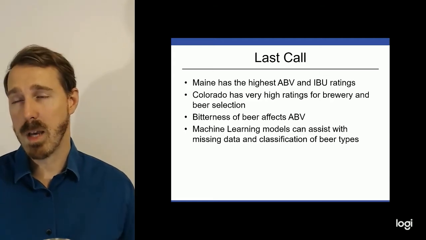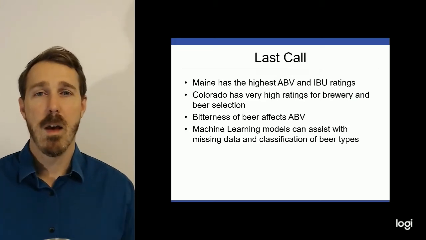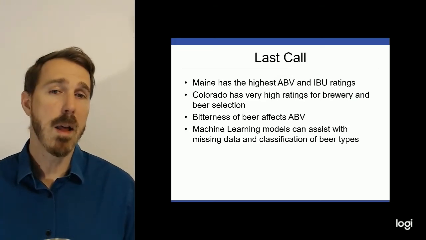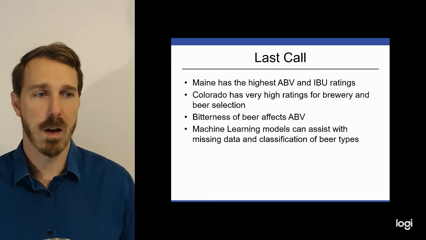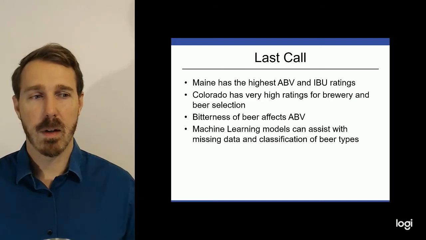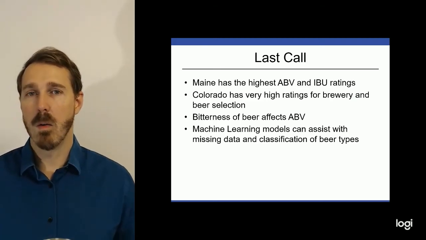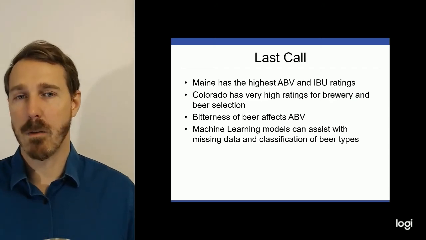That model is about 78% accurate. So 78% of the time it correctly predicts whether the beer is an IPA or not, just using ABV and IBU and nothing else. And then we looked at some market trends: the hot spots, the hot cities, the hot breweries, where we're going to make maybe the most impact for our beers.